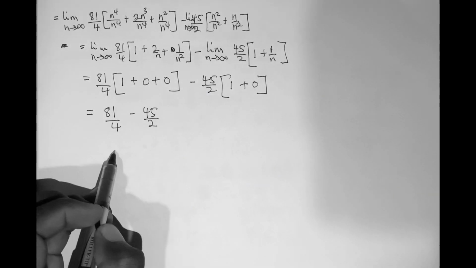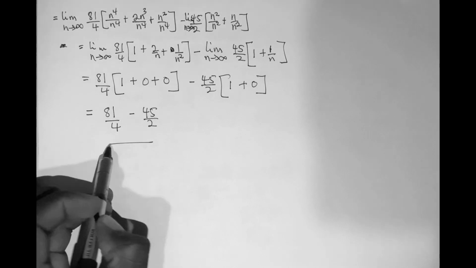So at the end of the day, we will now get 81 over 4 minus 45 over 2. And we can find the LCM.